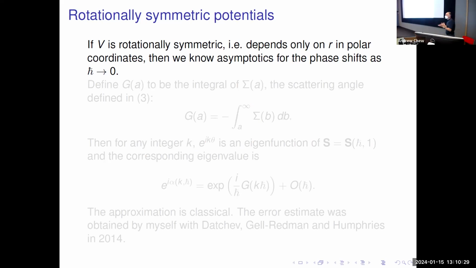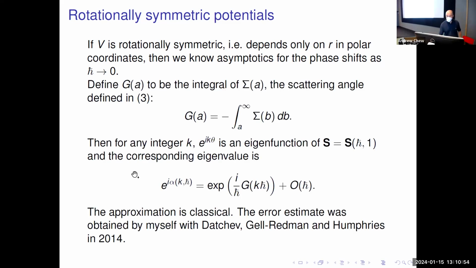Well, I'll present to you 2 results which were obtained within the last 10 years, part of my research. So the first is if V is rotationally symmetric. So V, written in polar coordinates, depends only on r. Then we can actually find asymptotics for the individual phase shifts, the individual eigenvalues of the scattering matrix.